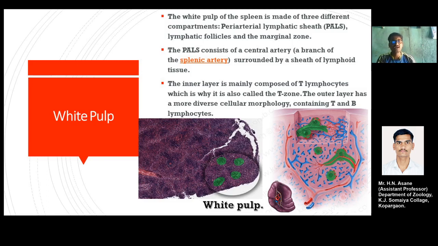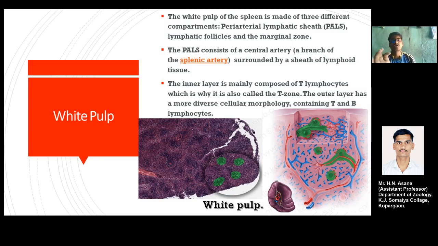The inner layer is mainly composed of T lymphocytes, which is why it is also called the T zone.